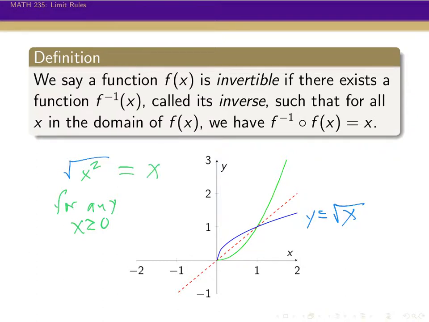I end up with x. And so this is equivalent to saying that if f of x is x squared for all x greater than or equal to 0, restricting the domain, then the inverse function is the square root of x.